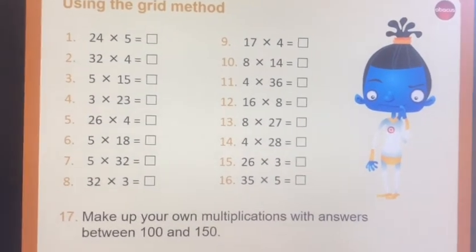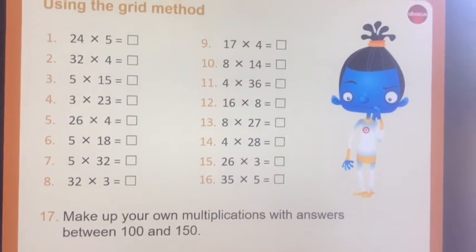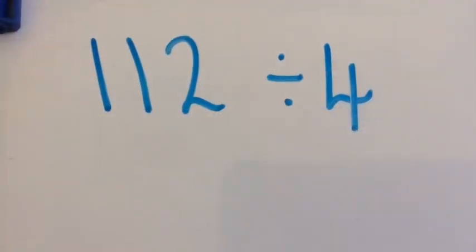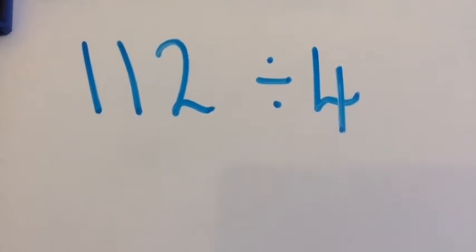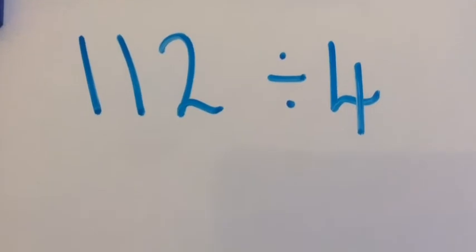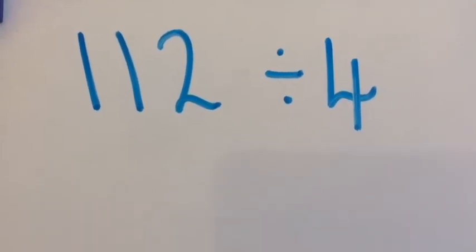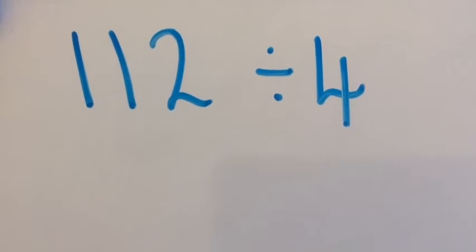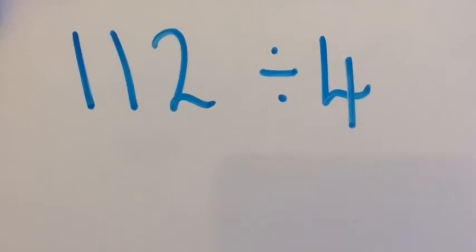Take a look at your answers again here, and one of them should be able to help you work out a division sum. Now this is what you're trying to work out. Don't panic. Remember that division is the inverse or the opposite of multiplication. So one of those multiplication facts will help you work this out.